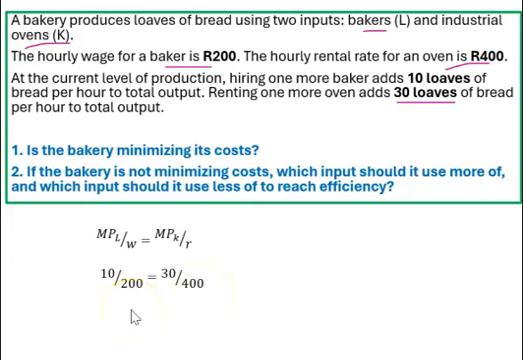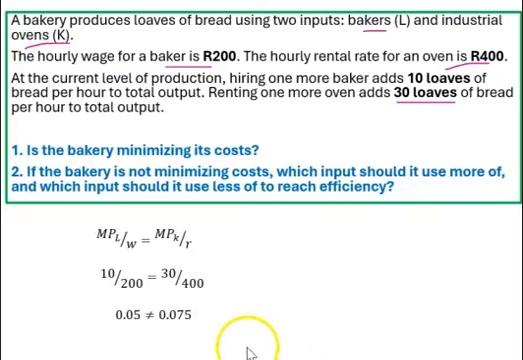This gives us marginal product of labor over wages equal to 0.05, and marginal product of capital over the rental rate is 0.075. So we are definitely not minimizing costs here.